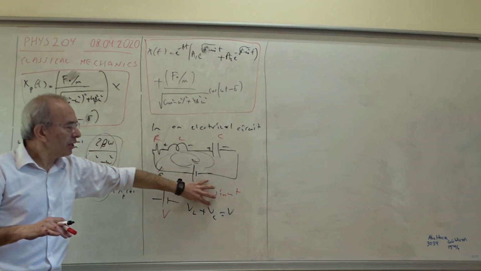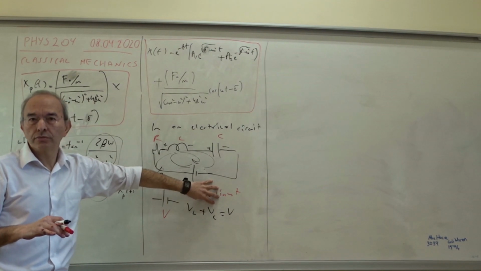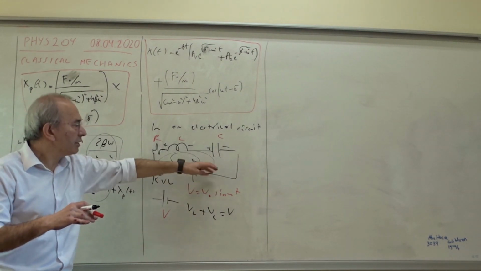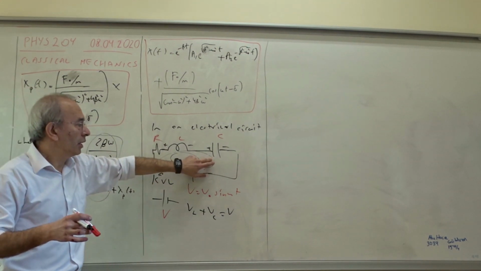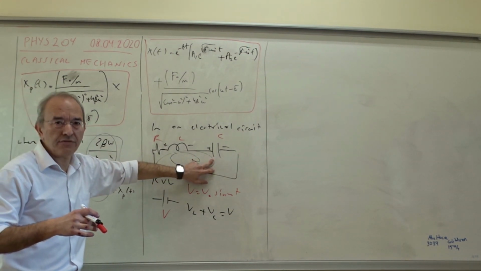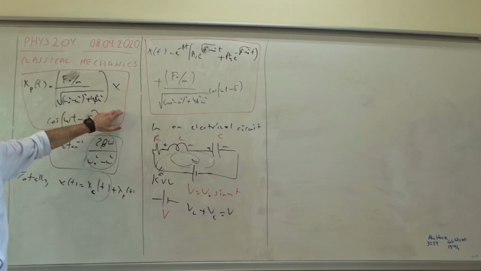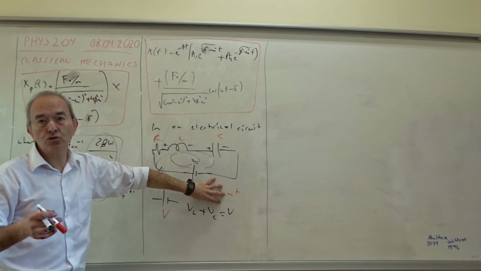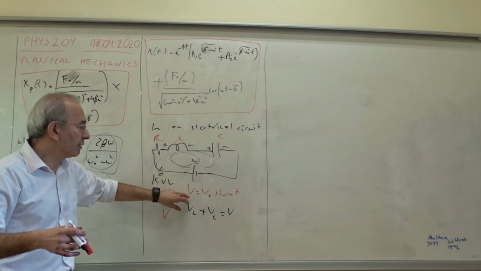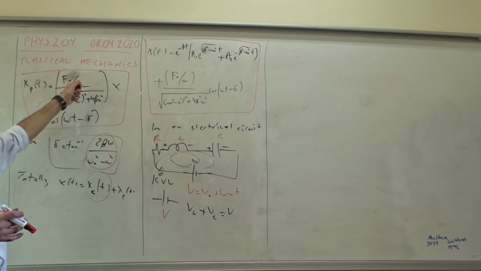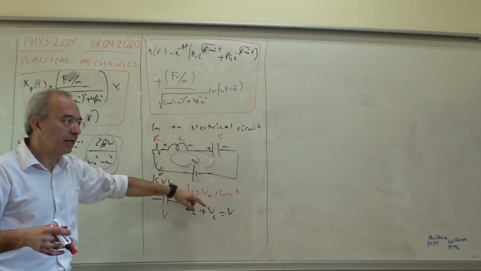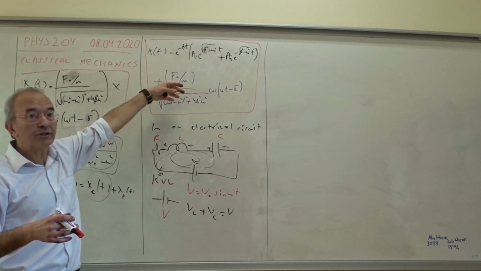If you have no source applied, and just some initial charge across the plates of the capacitor, for instance, then we have a homogeneous case. On the right hand side, there is no external source. But also, if you have some source, just like these external oscillations, then we will have this kind of solutions.